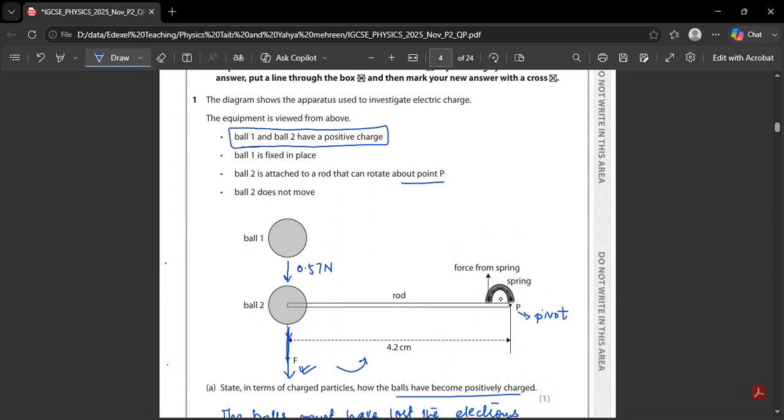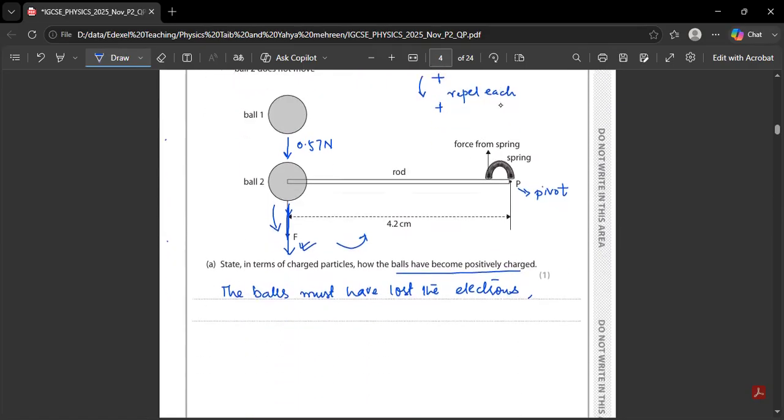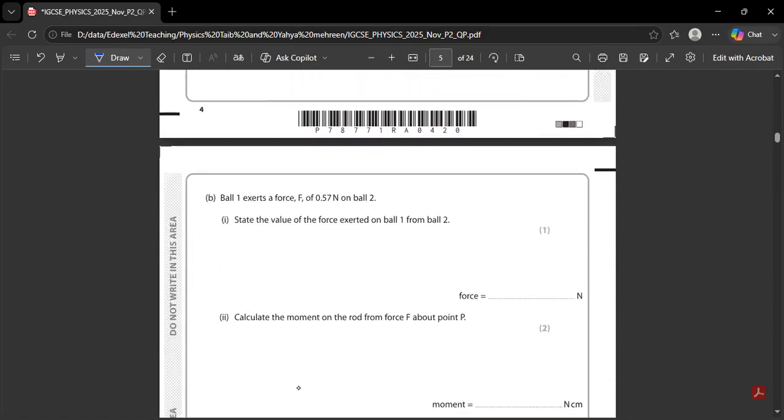Both ball one and ball two are positively charged, right? So what we have learned is that the same charges repel each other, right? So if ball one applies force on ball two, what will happen? The ball two will have to go downward, right?